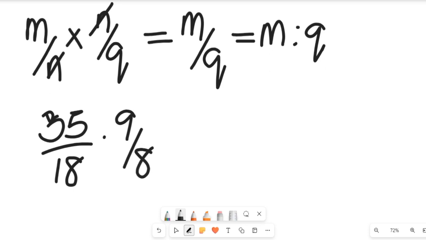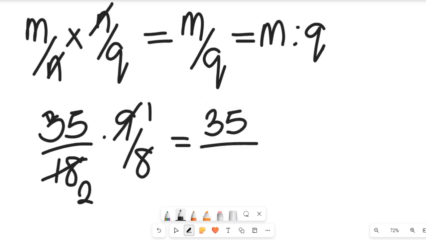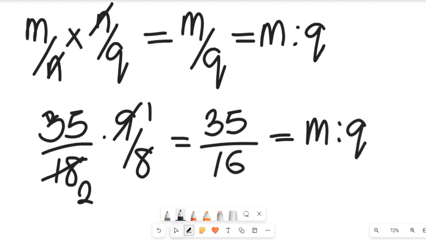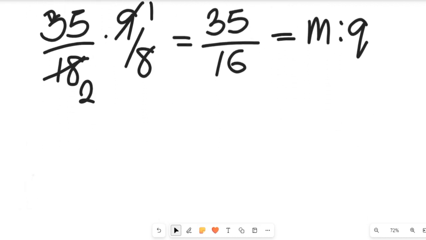If we simplify this, 9 here will give us 1, and 18 divided by 9 will give us 2. So if we multiply these two, 35 times 1 gives us 35 divided by 8 times 2, which is 16. So that tells us that m ratio q is equal to 35 divided by 16.